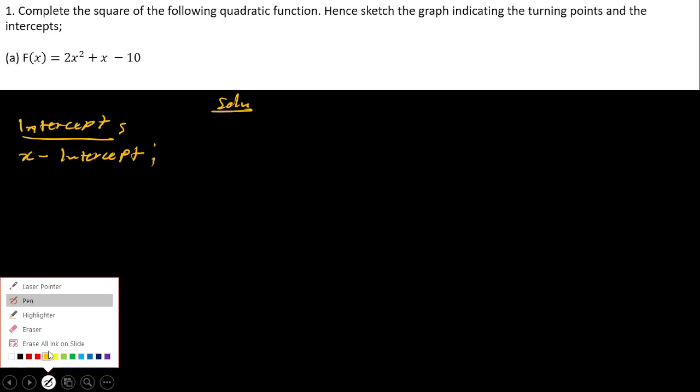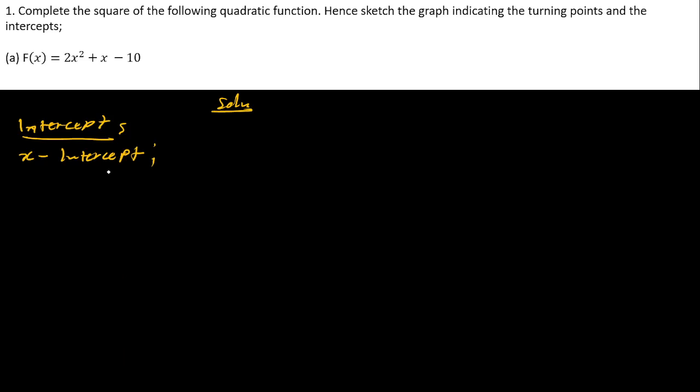So how can you find the x-intercept? You take what you completed, which was 2 open bracket x plus 1 over 4, squared, and then negative 81 over 8, and you equate that expression to 0. After you do that, your next part will be as follows.